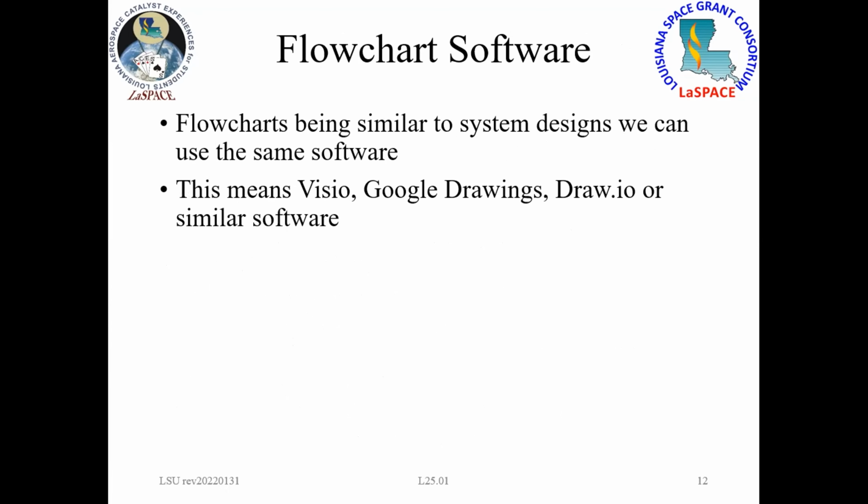So again, since the software is very similar to the system diagrams, it's probably easiest to use the same software that you're going to use for your system diagrams. This means Visio, Google Drawings, Draw.io.